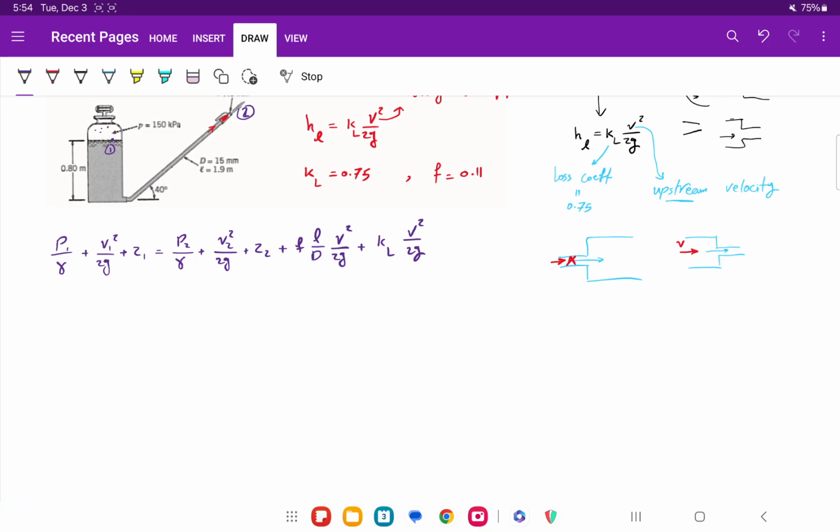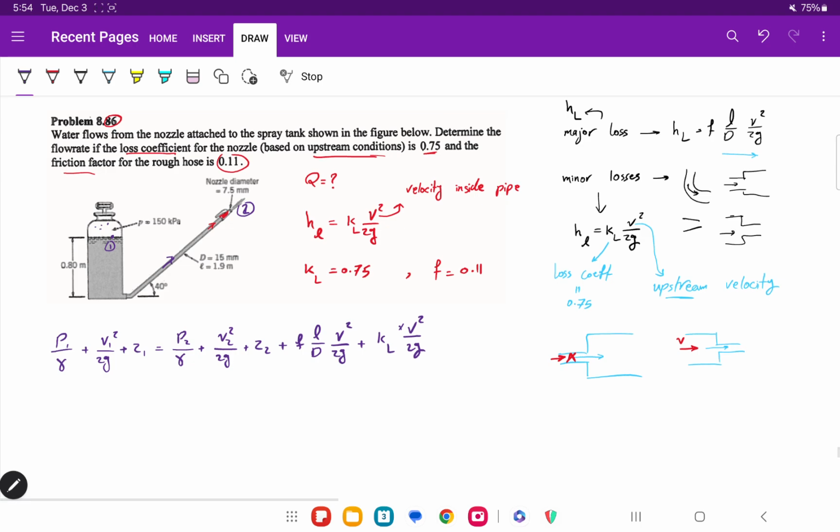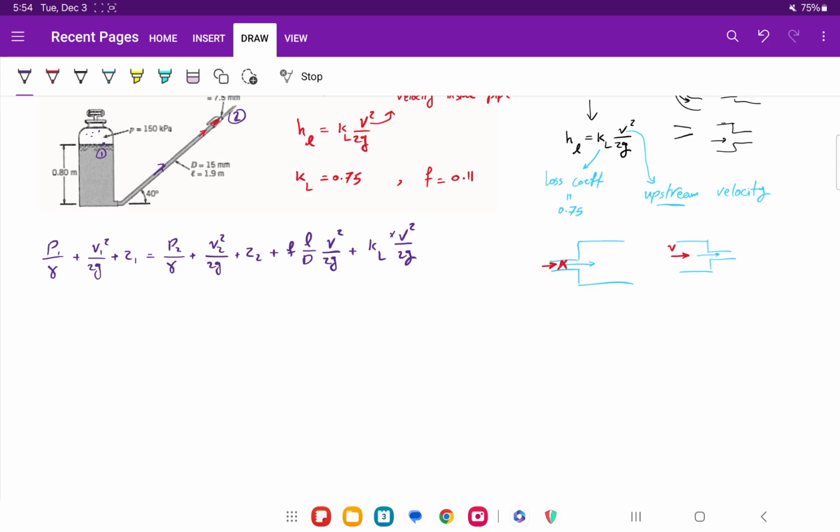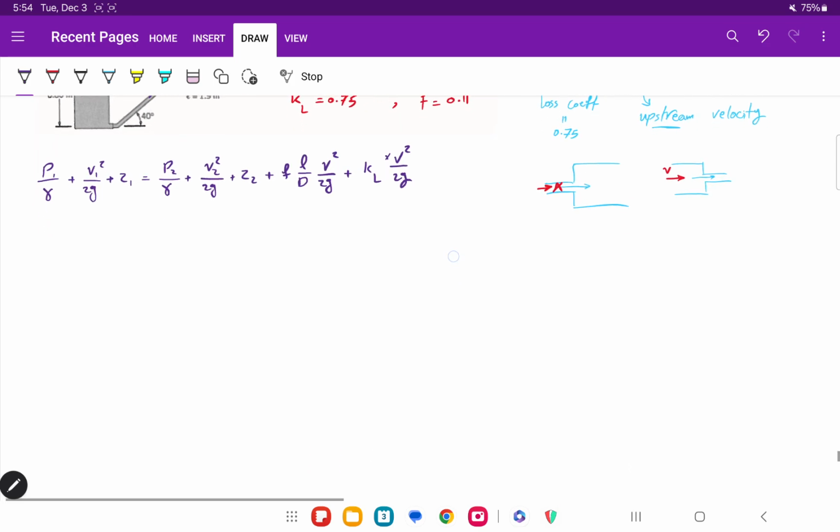As you know, this velocity is the velocity of the flow inside the pipe. The same is true for this one, because we should calculate based on the upstream condition, and f is also the friction factor for this tube. So what do we know?